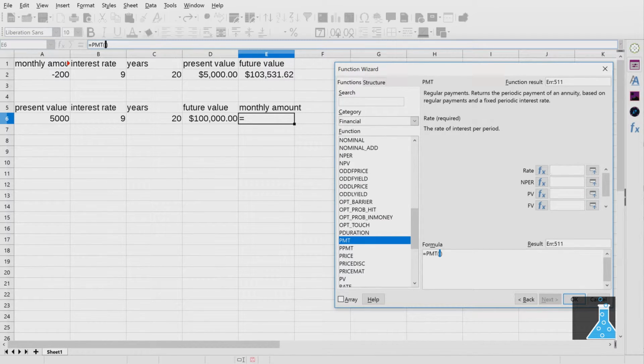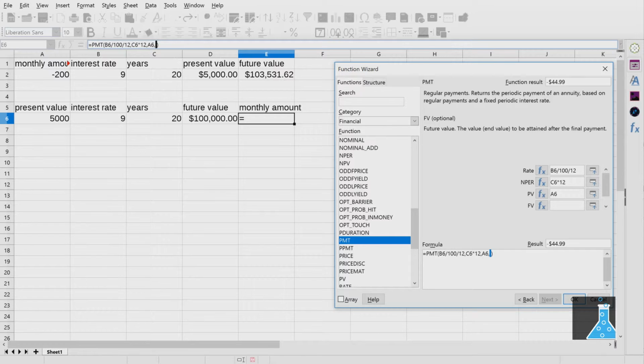So for our rate, again it's going to be B6 divided by 100 divided by 12. For N per, we're going to do C6 times 12. For our present value, that will just be A6.